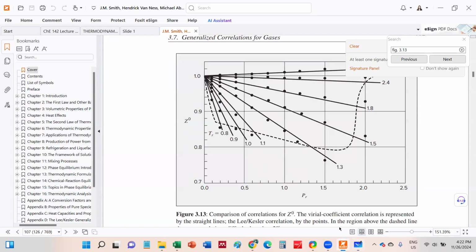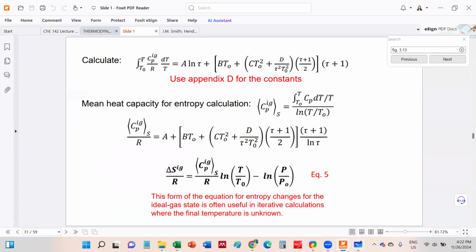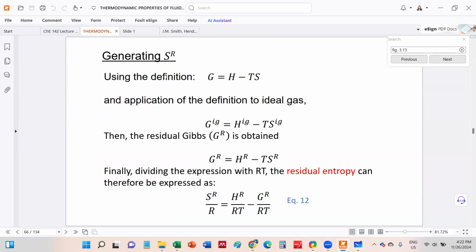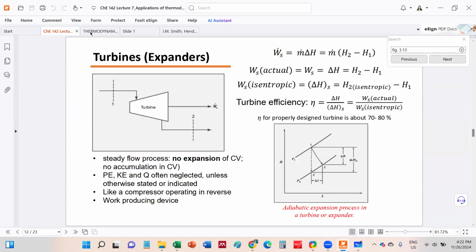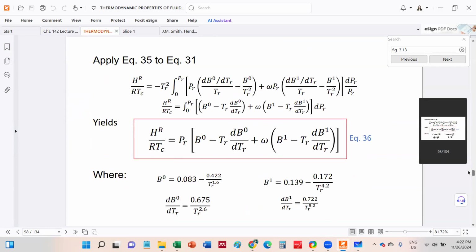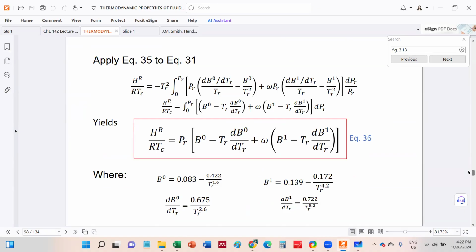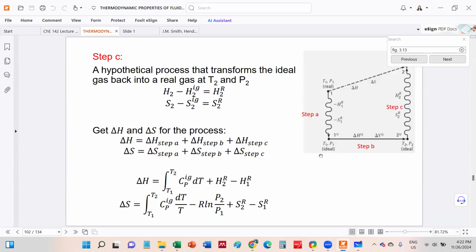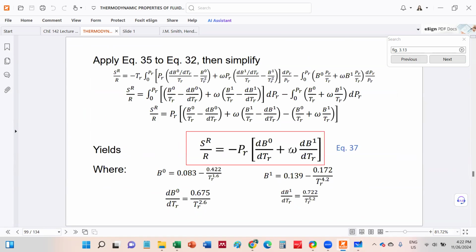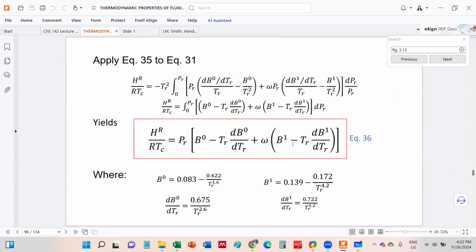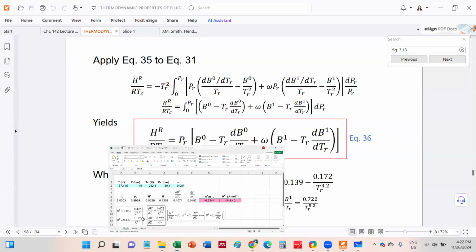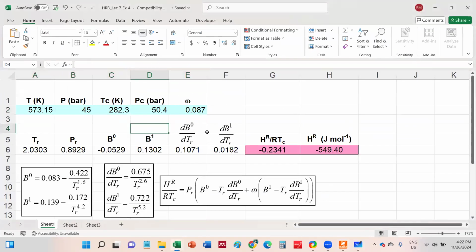So how do we solve for the virial? Here. Do you remember that one? And for S, this one. Now, I will leave it up to you to solve it manually, but I would use this calculator to check my answer.